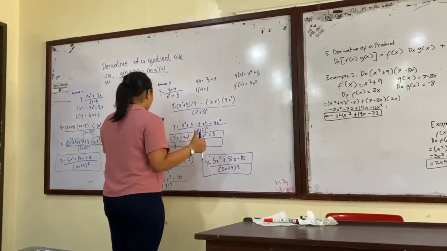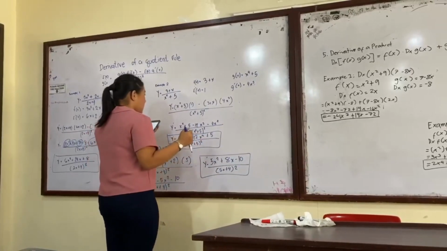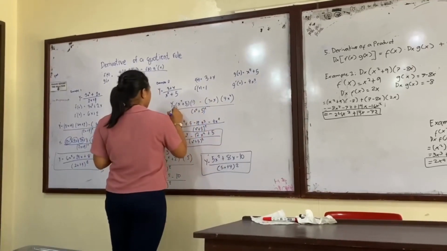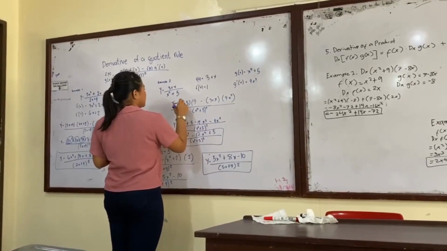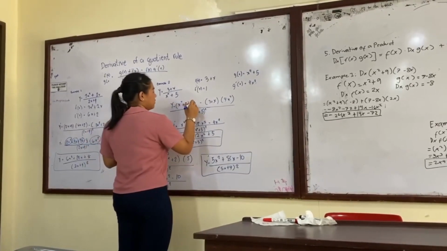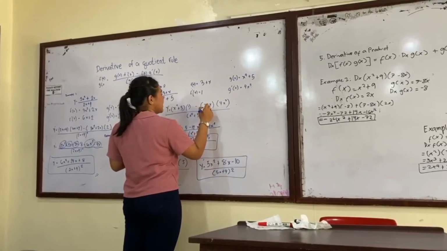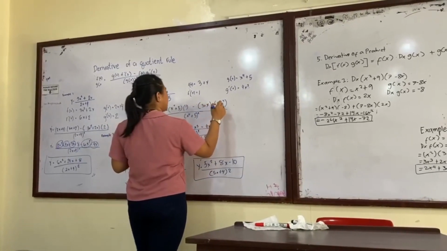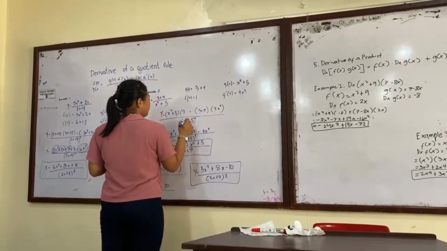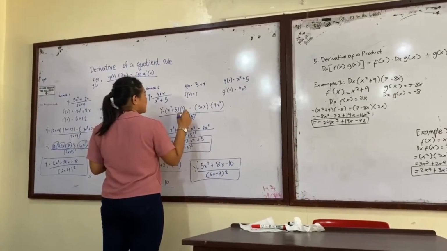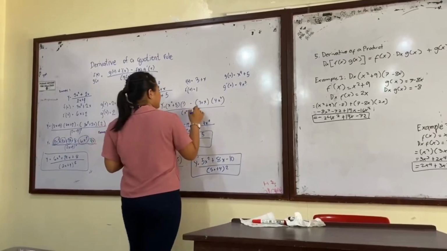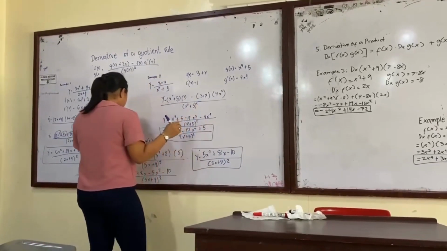Now let's substitute the given in the formula. Y is equal to x raised to 4 plus 5 times the derivative 1 minus 3 plus x times 4x cubed over x raised to 4 plus 5 squared.